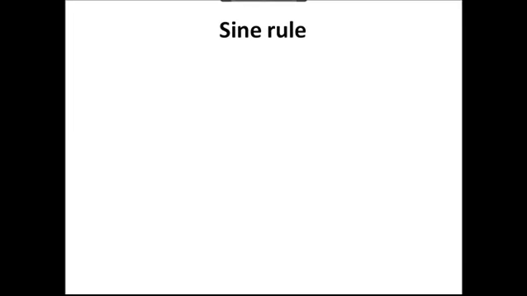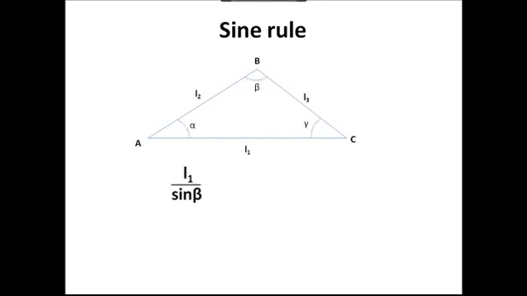Now, what we need is our good old sine rule. You all must know it, but just for the sake of revision: if there is a triangle ABC with lengths L1, L2, L3 and included angles alpha, beta, gamma, then L1 upon sine of the opposite angle, sine beta, is equal to L2 upon sine gamma, which is equal to L3 upon sine alpha.